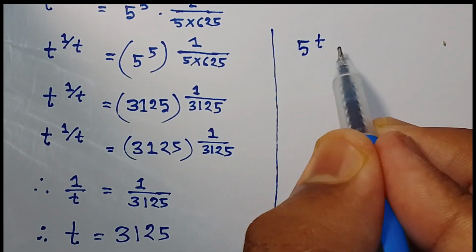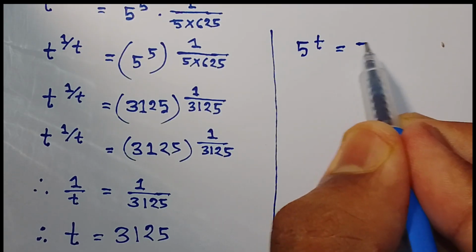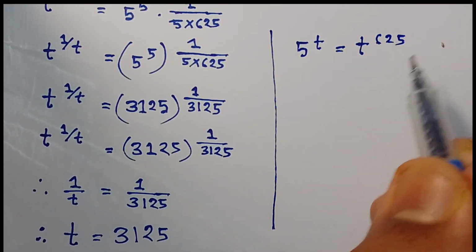Now according to the exponential question, 5 to the power t equals t to the power 625.